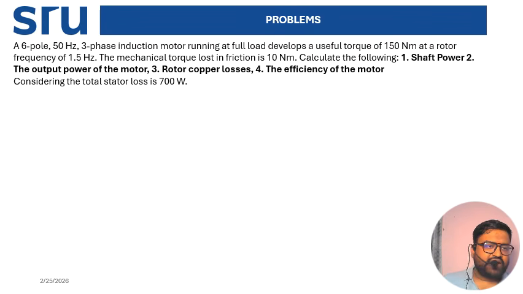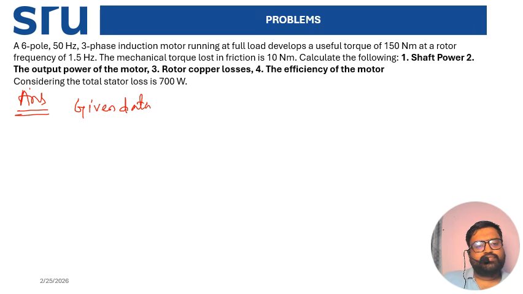Now first write down the parameters. In the given data, first write the given data. The pole number is given as 6. The frequency, that is Fs, equals 50 Hertz, given. It is a 3-phase induction motor.